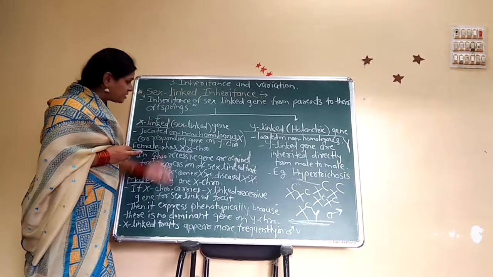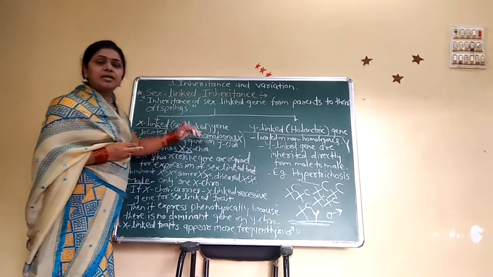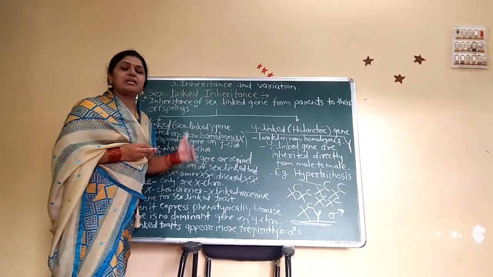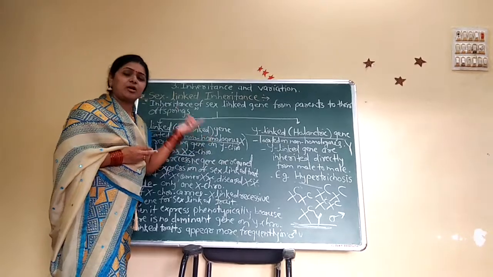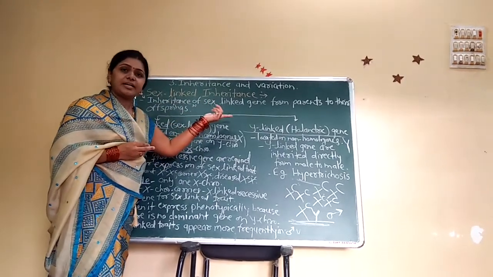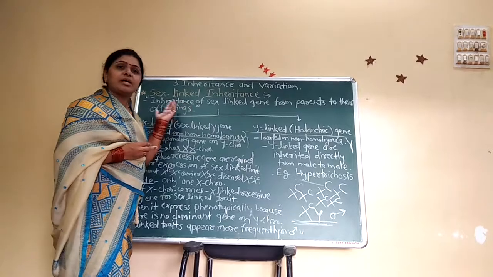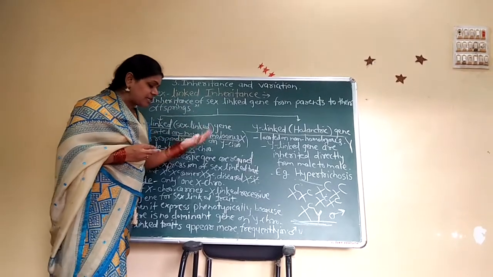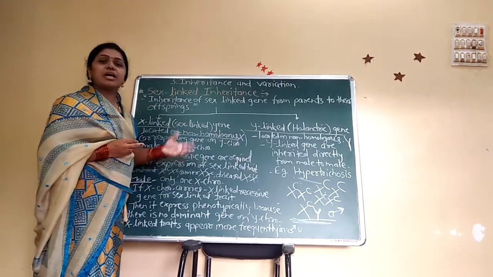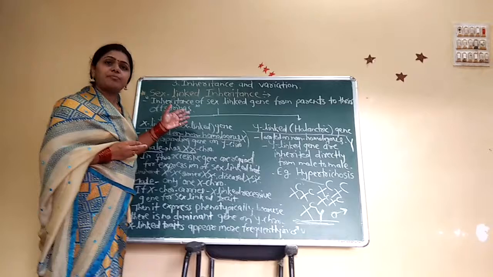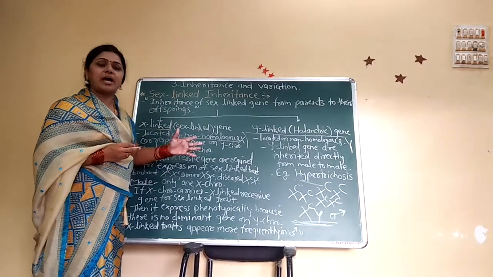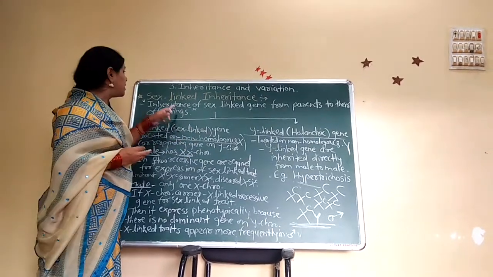Examples of X-linked inheritance are color blindness, hemophilia, muscular dystrophy, and myopia.